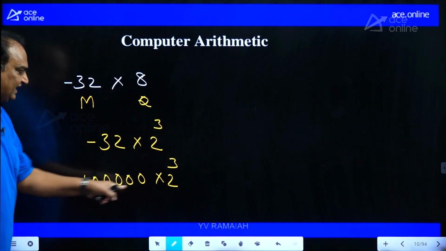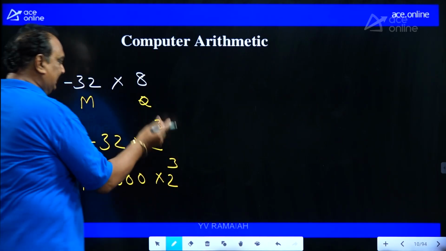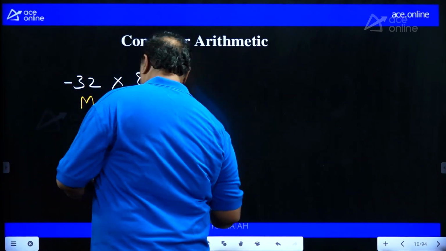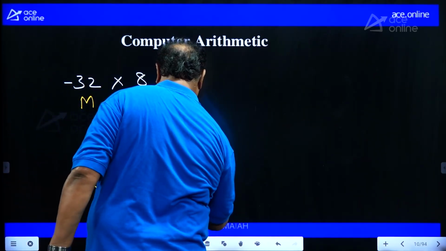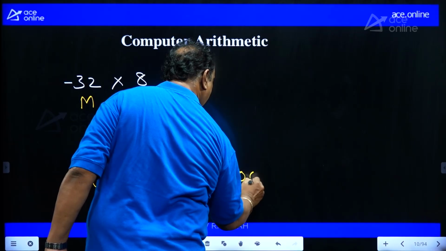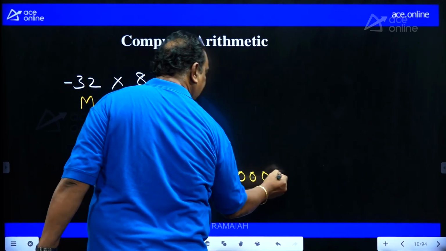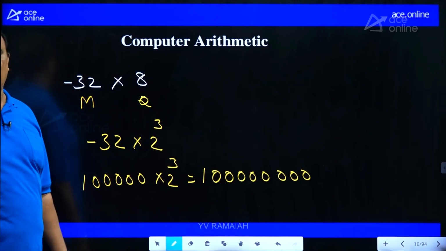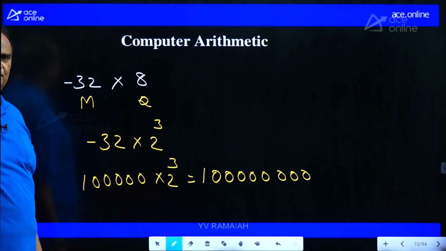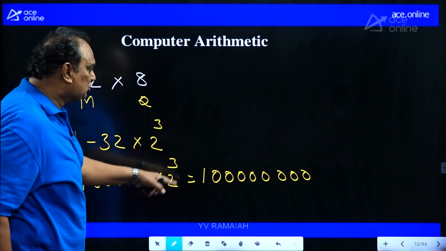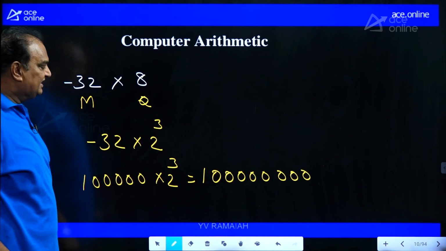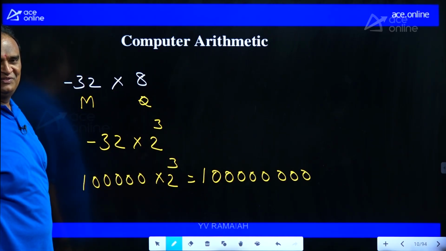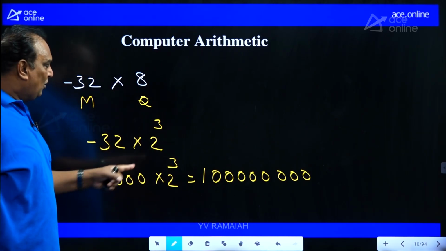Now we have to shift the data to the left. For how many times? 3 times. That's why the result is 1 followed by 5 zeros, and again 3 zeros. Why? While shifting the data to the left, zeros are added at the right side. The number of zeros to be added at the right side is equal to the exponent value, 3. So what is our result?